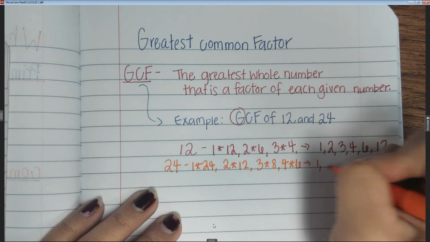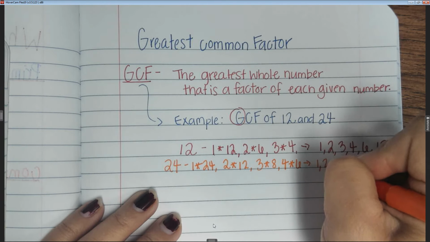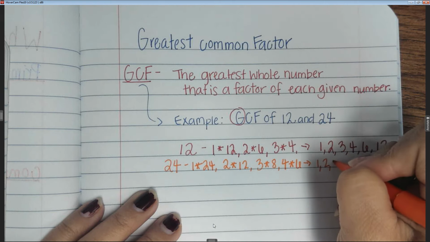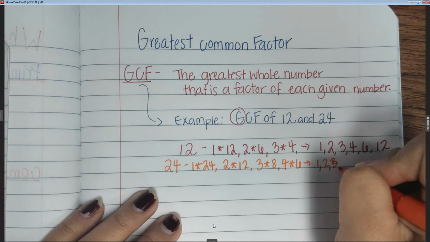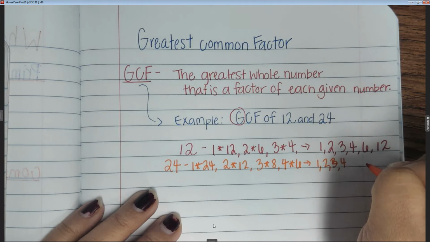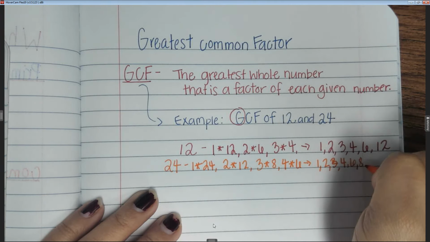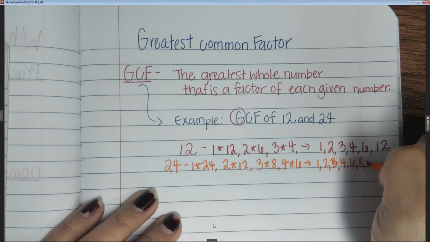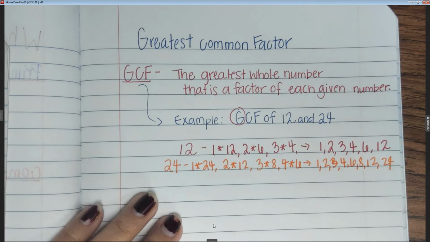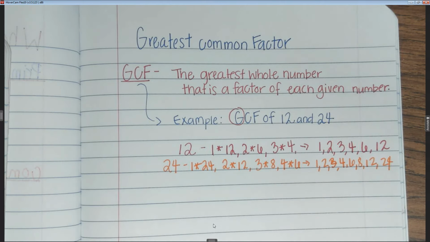So I have 1, 2, 3, 4, 6, 8, 12, and 24. Okay, so these are all of my factors. So remember, we're looking for the greatest common factor.